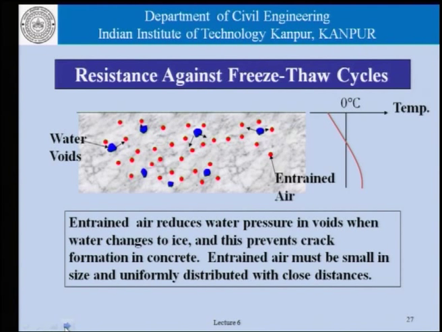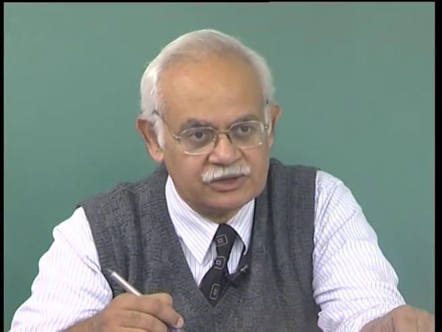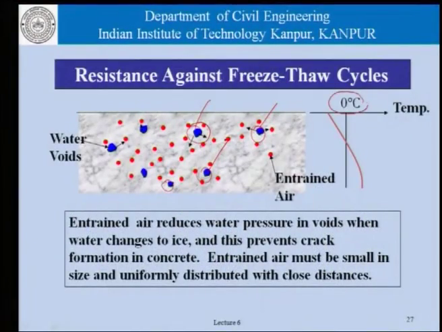When it comes to the resistance against freezing and thawing, what we are trying to do really is to see how these air particles help in dissipating the forces or the pressures that will arise when the water in these voids tends to freeze on account of a temperature in the atmosphere which may go below 0.